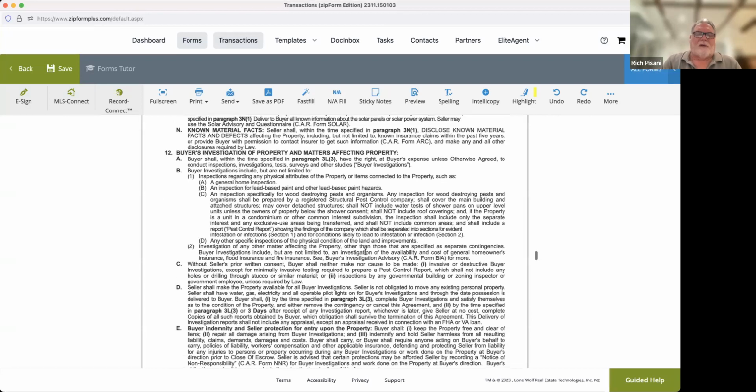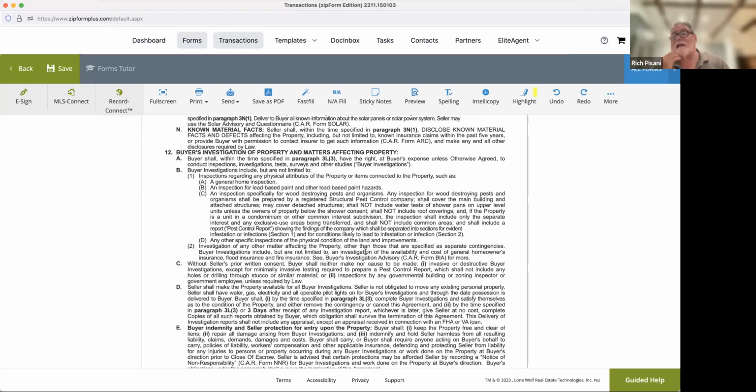12 goes into buyer's inspections, that you do your inspections, and that the seller shall make the property available for all buyer's inspections. The seller is not obligated to move any existing personal property. But this is also important. Seller shall have the water, gas, electricity, and all operable pilot lights for buyer's investigations.